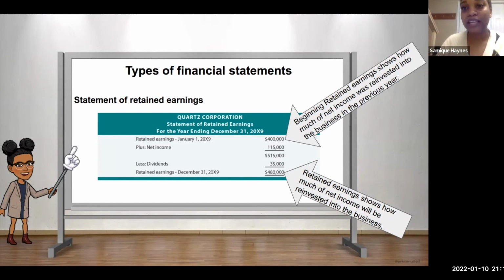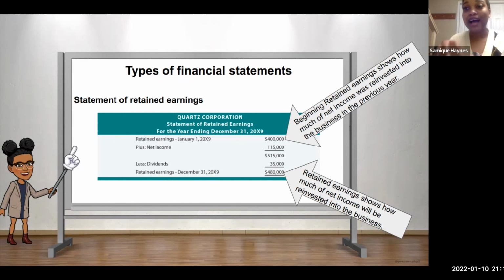Let's just say at the end of December 2021, we made a total of $50,000 in net income, and we decided we're going to reinvest all of it. So that comes over into January 1 as a beginning retained earnings amount. And in January of 2022, at the end, we realized we made a net income of $10,000.